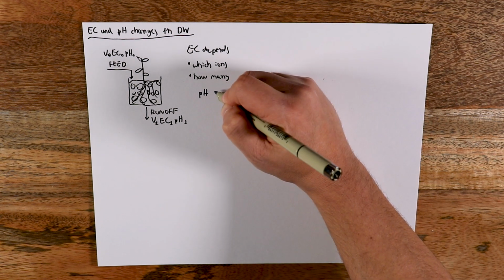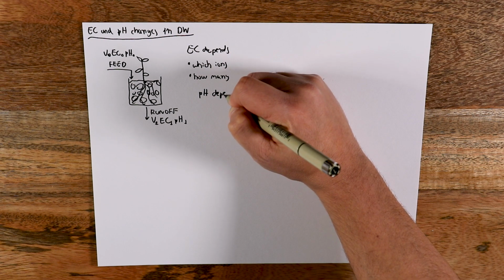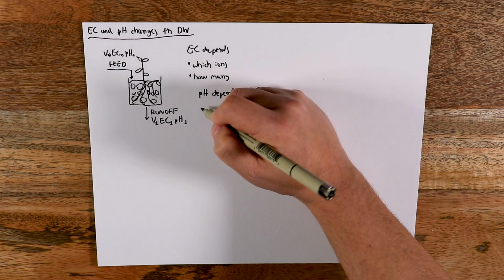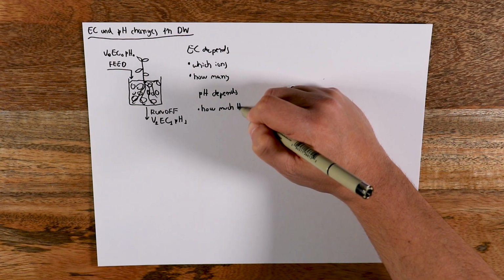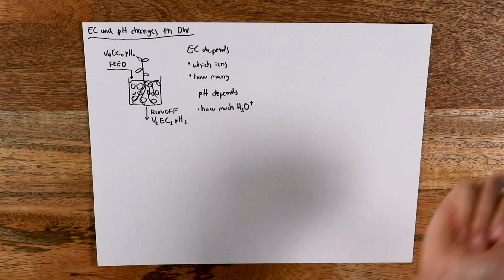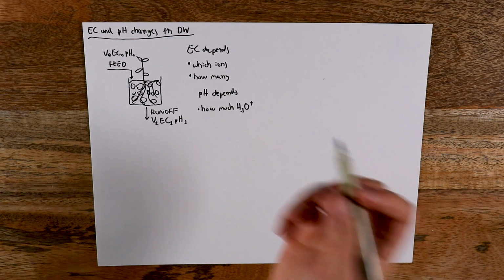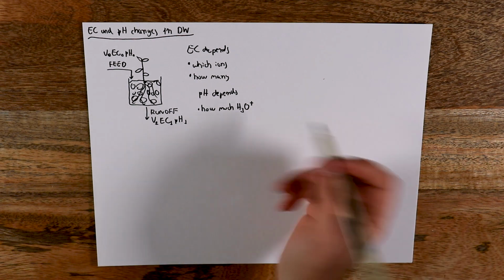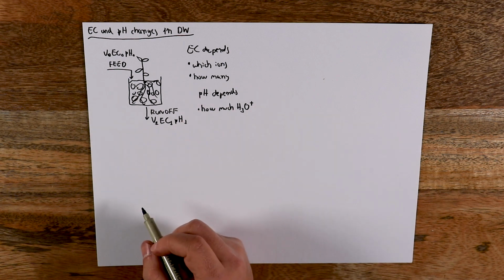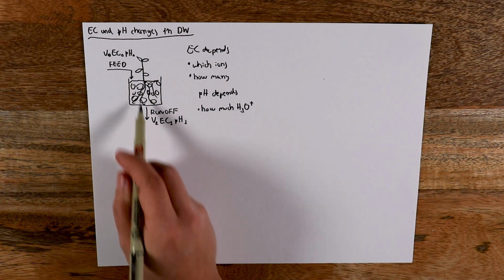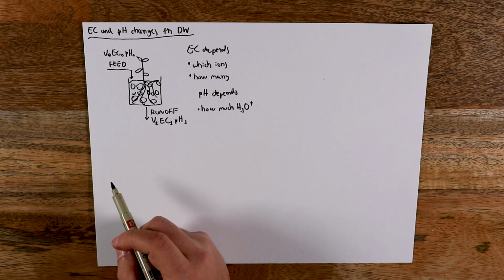And the pH depends on only one thing, which is how much hydronium you have in solution. Which of course depends on a ton of things, but this is to make it simpler. So let's start by thinking about what can happen here as the solution goes through the media.